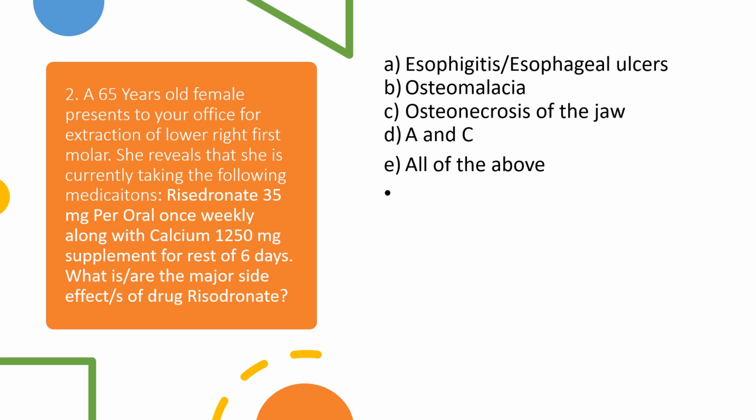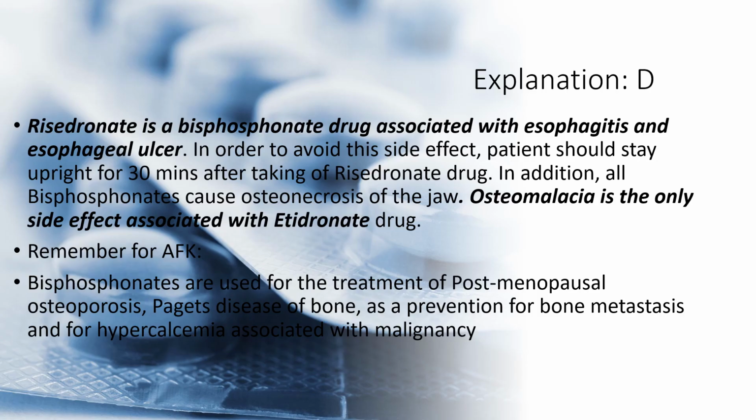So these are the two side effects of risedronate: esophageal ulcer and osteonecrosis of the jaw. Now we are left with option B, osteomalacia. Osteomalacia is the side effect of one bisphosphonate drug, which is known as etidronate.